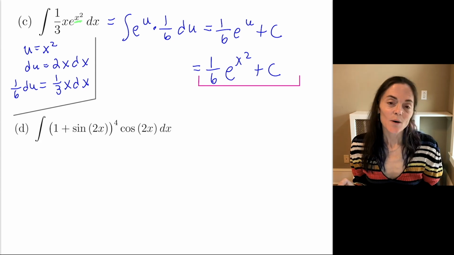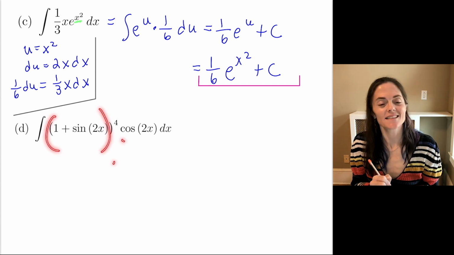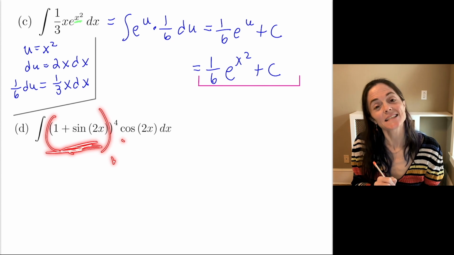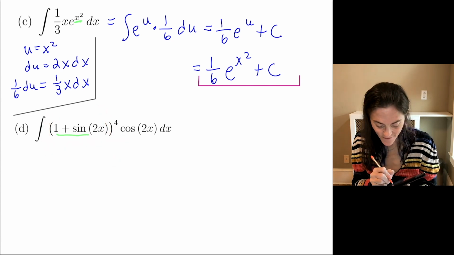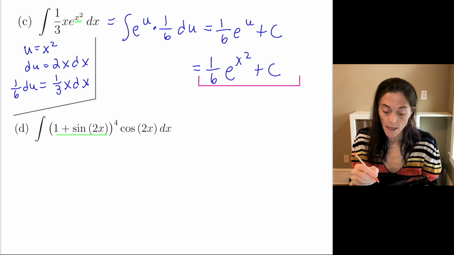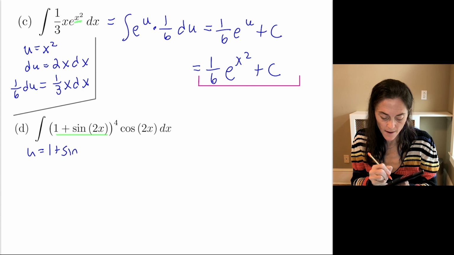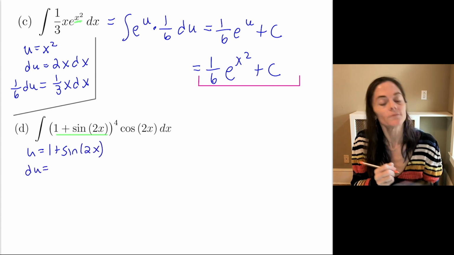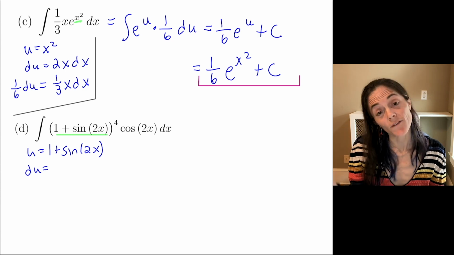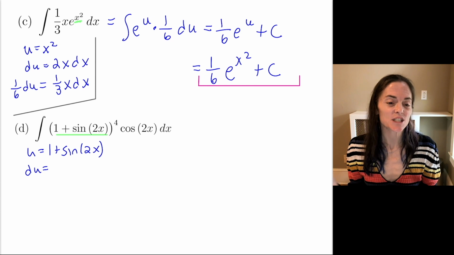Letter D. Once again, we have substitution. You see, we have these big parentheses and something here. This is our inside function. So let me maybe underline the inside function just as I did above. For this one, u is 1 plus the sine of 2x. Let's calculate du. Well, we differentiate. The derivative of 1 is 0. The derivative of sine 2x, really, it's a chain rule.